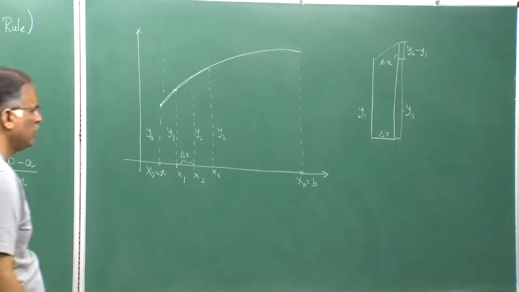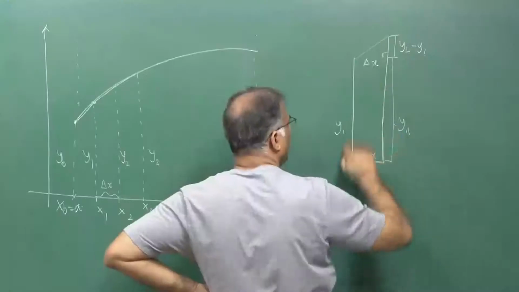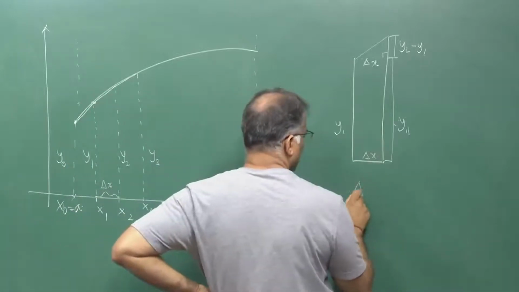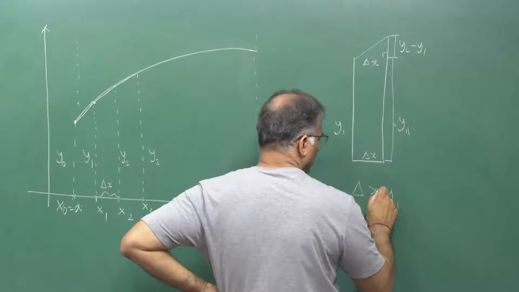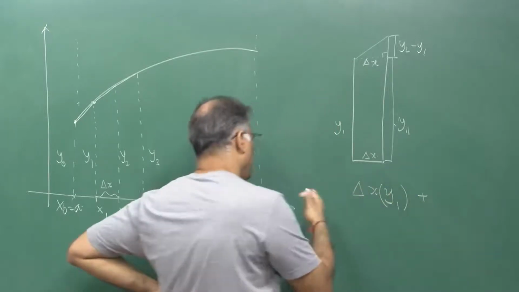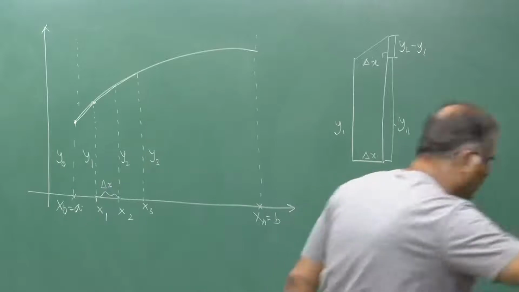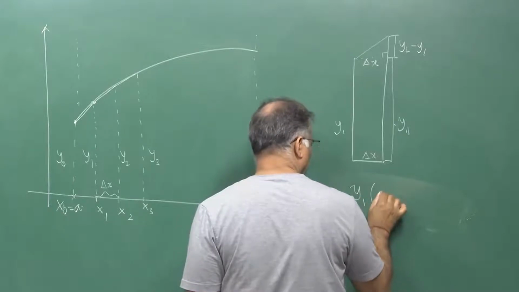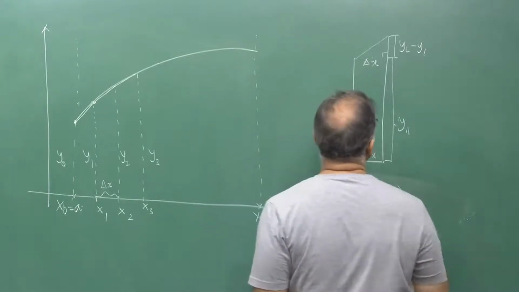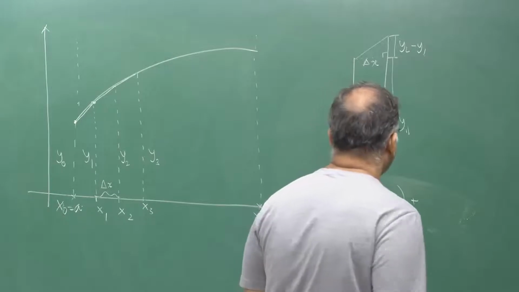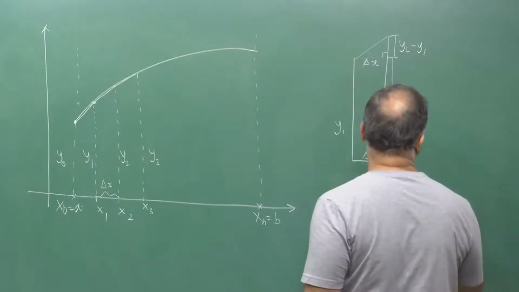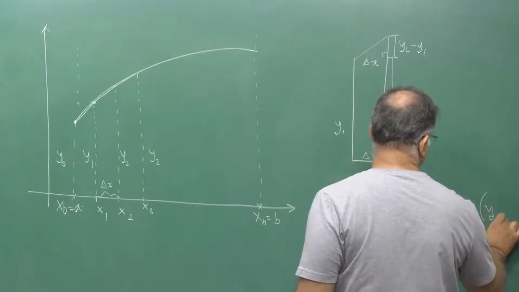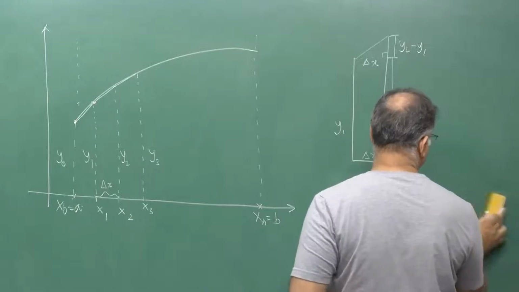Now, how do I find the area? First I find the area of the rectangle, then the area of the triangle, and sum them up. The area of the rectangle is y1 into delta x, plus the area of this triangle, which is half of (y2 minus y1) into delta x, half base into altitude.